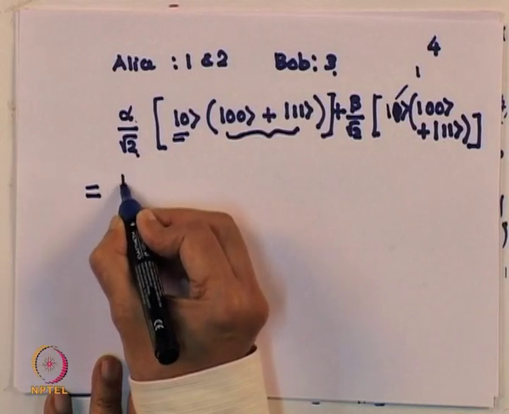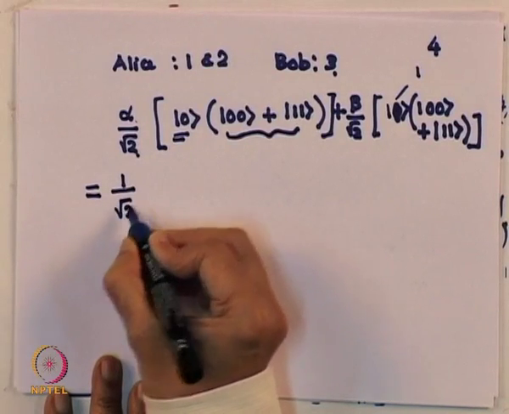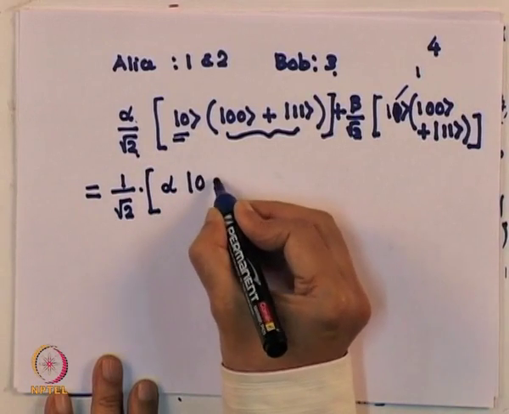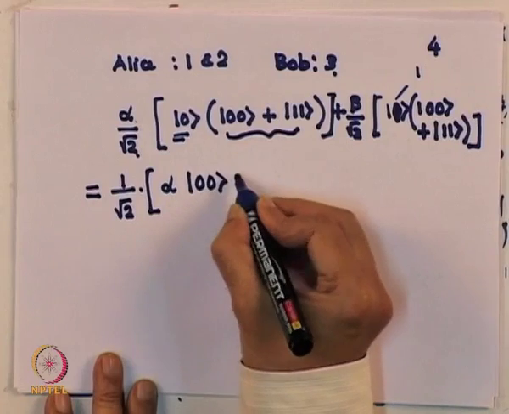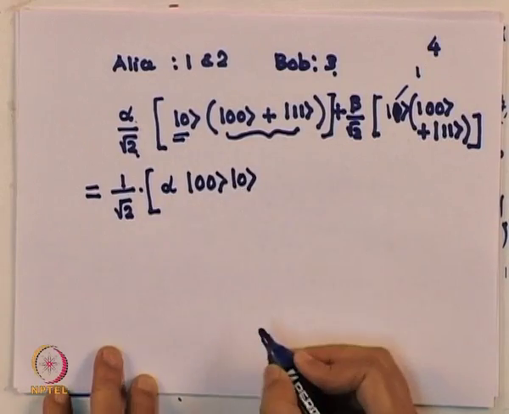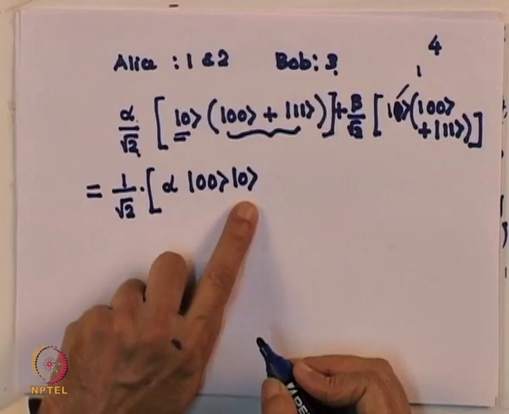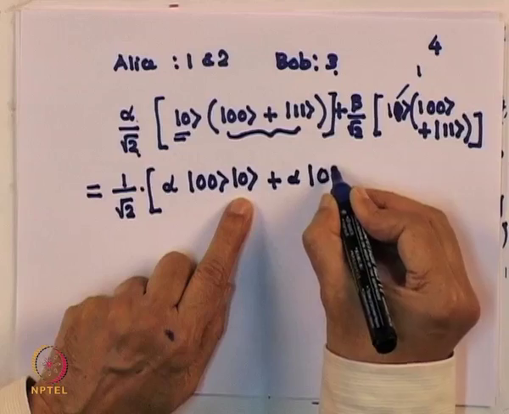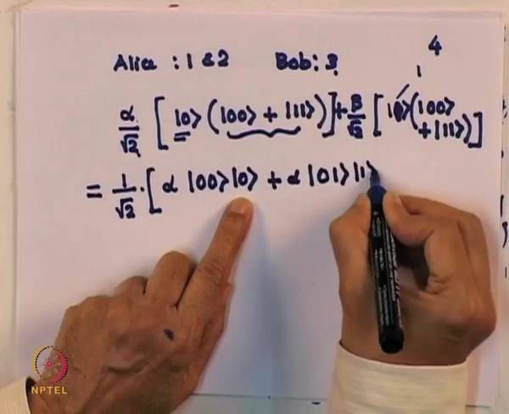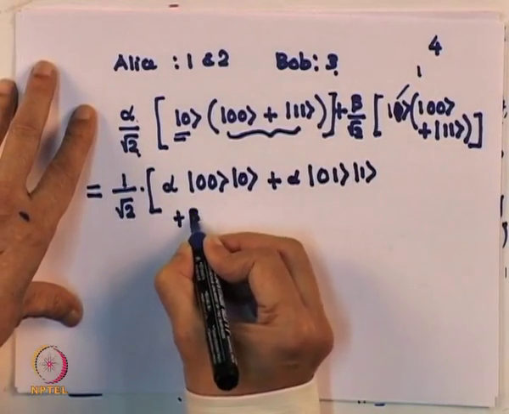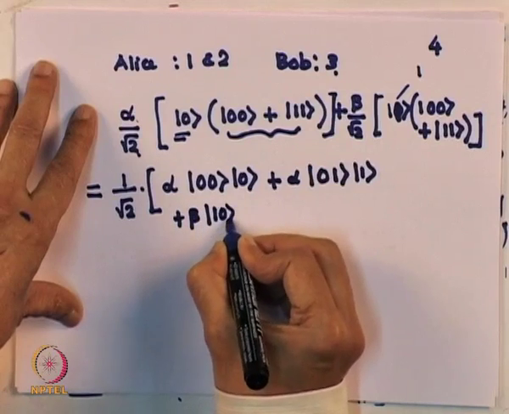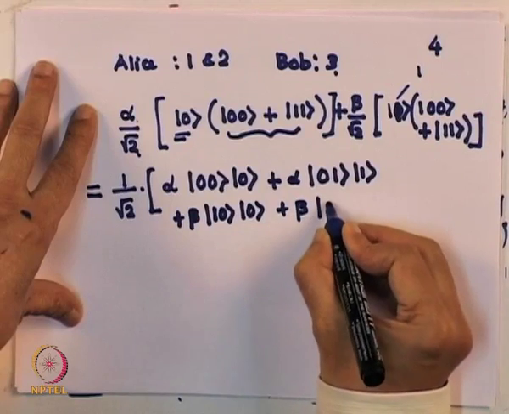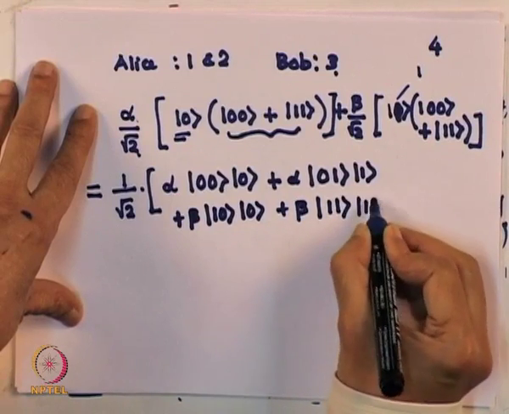I can write this as 1 over square root of 2, alpha 000, explicitly separating out Alice and Bob, plus alpha 011 plus beta 100 plus beta 111.